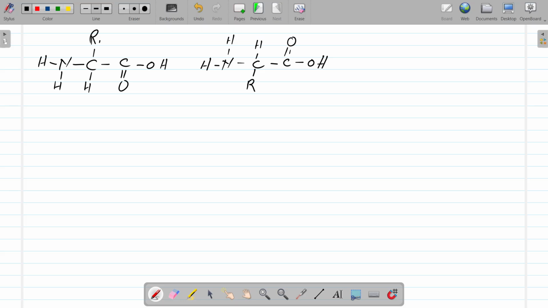And so you've got two of these amino acids, R2, just to distinguish. And of course they could be exactly the same, they could be different, but that is not the point at the moment.